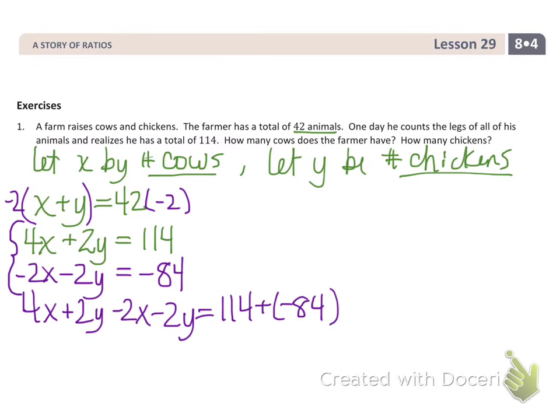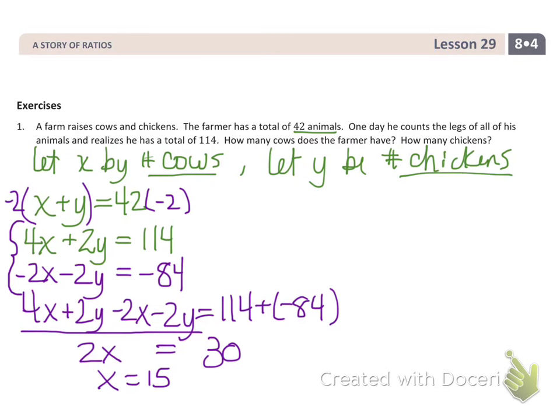And so simplifying the left-hand side, 4x minus 2x is 2x. 2y minus 2y is 0, so that doesn't figure in. So now I need 114 minus 84. So I think that should be 30, and so dividing through by 2, I get x is 15.